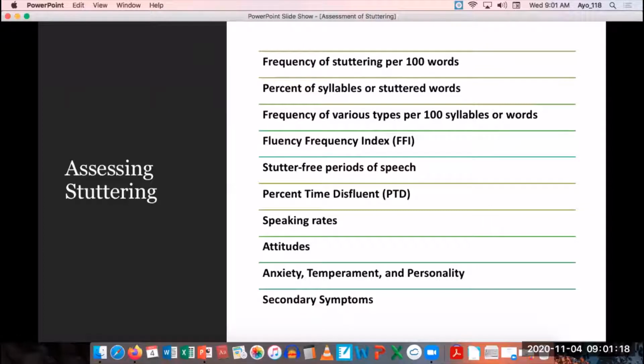Okay, so if we find out that the child is not aware of their stuttering, and it's a very mild stutter, and they're not showing any other avoidance and so forth, what's likely going to be your recommendation?